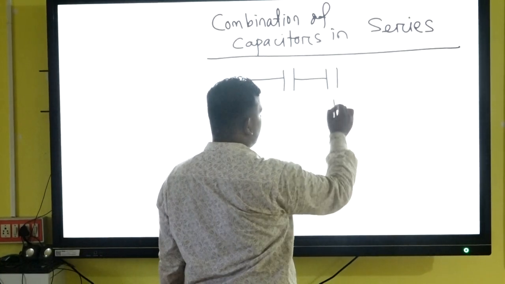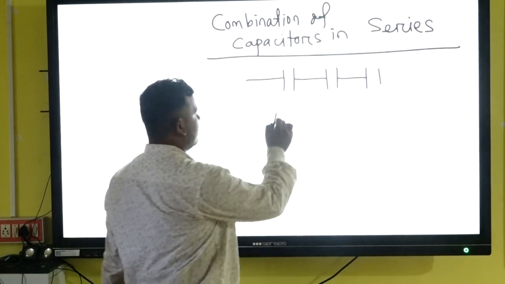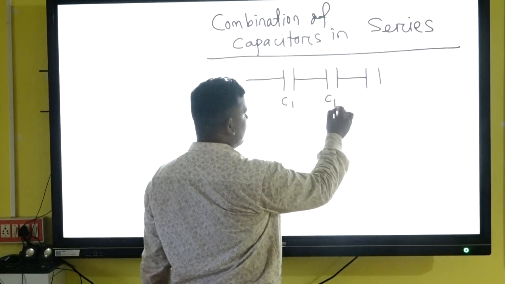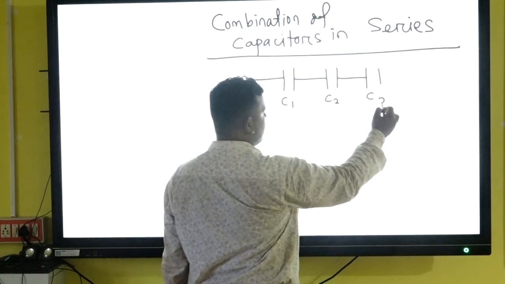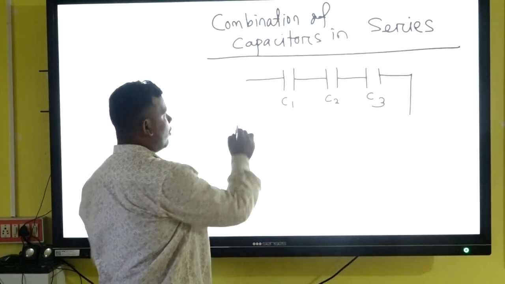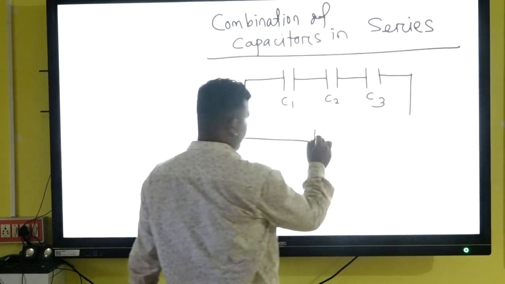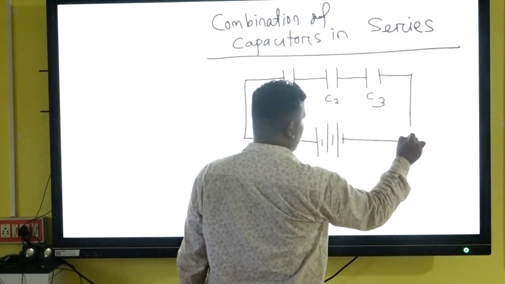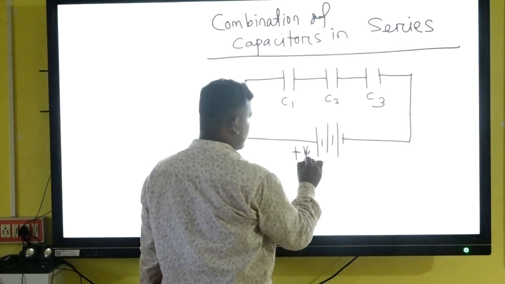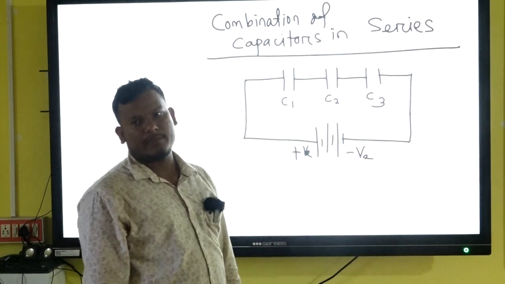This is another capacitor, and this is our third capacitor. Let this have capacitance C1, this C2, and this C3. I am connecting all the capacitors to an external source, that is a battery having a positive terminal and a negative terminal.